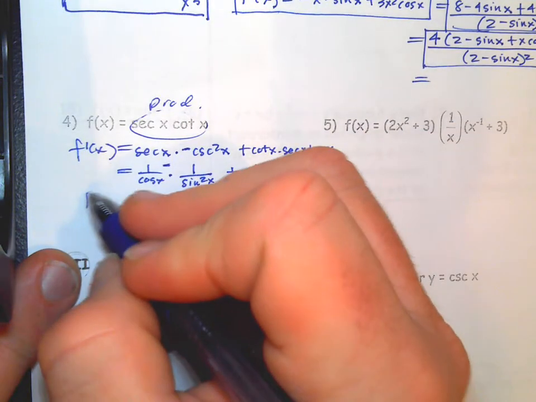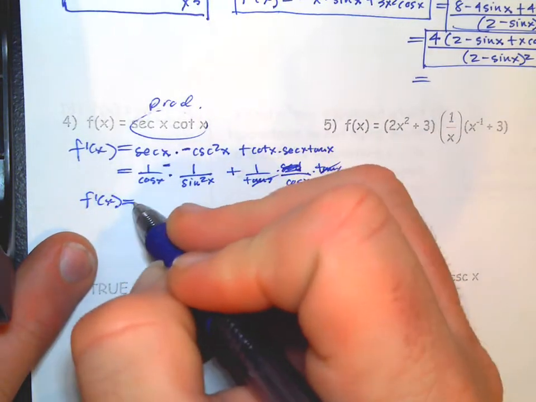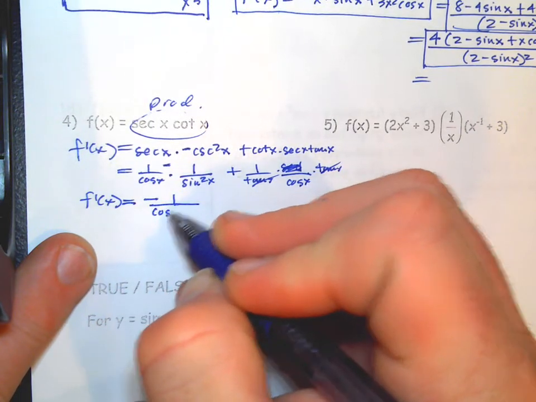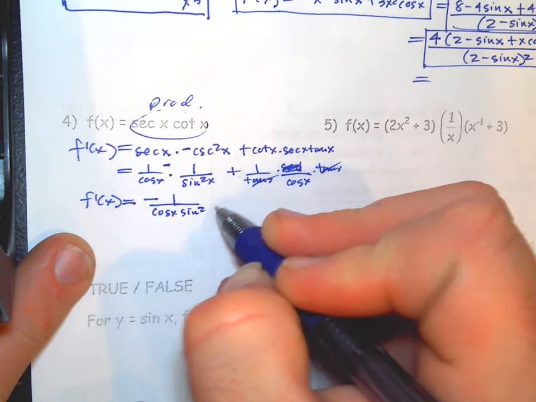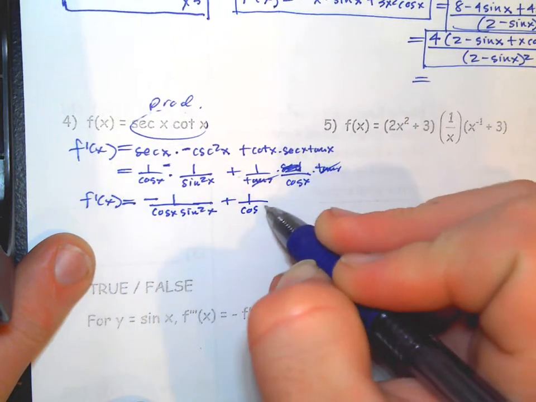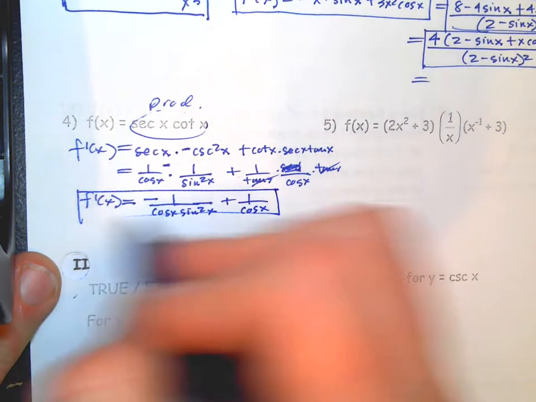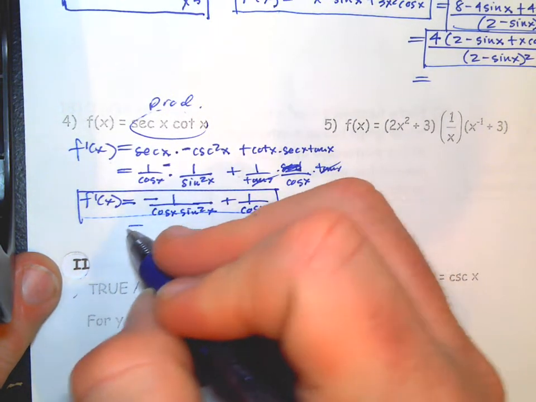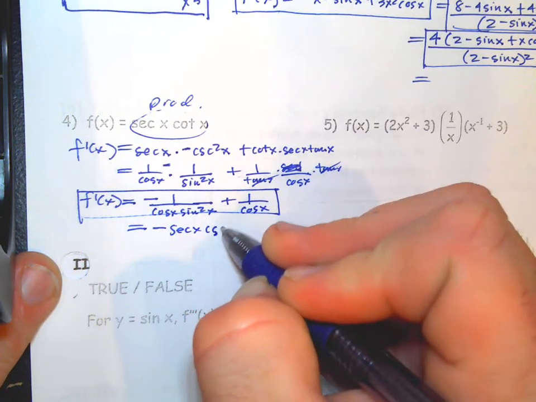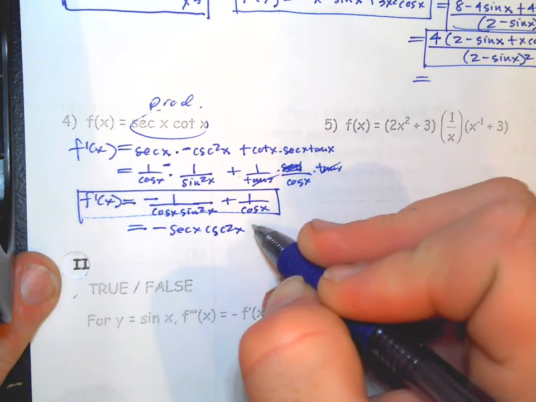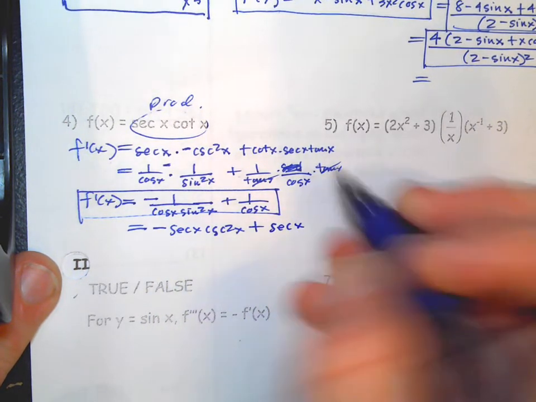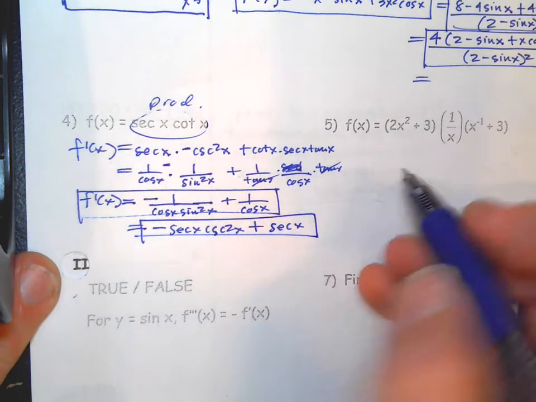So, we could say, okay, well, the answer is, I guess we could say 1 over cosine x sine squared x plus 1 over cosine x. I don't really think that's better. Or we could say negative secant x cosecant squared x, and then maybe for this next one, just say secant x. And that's fine.